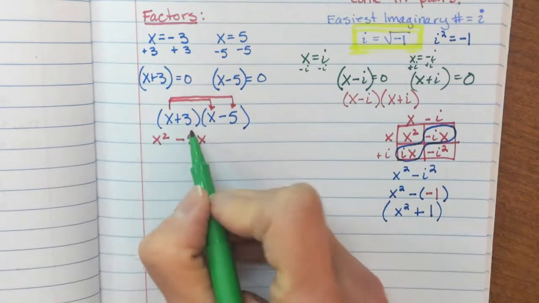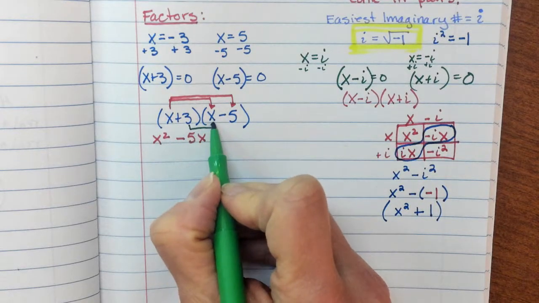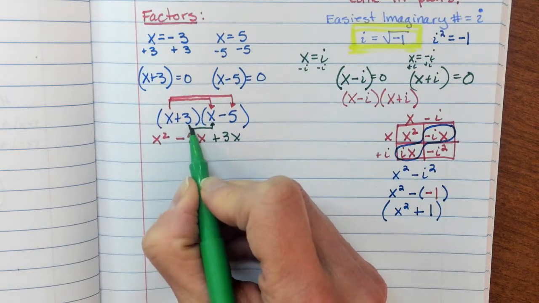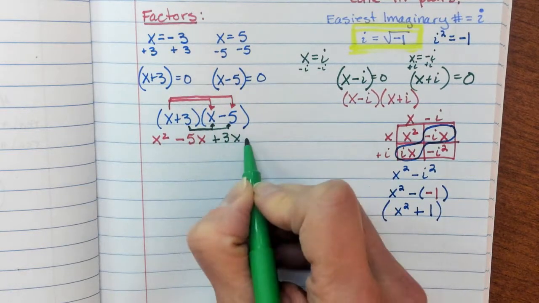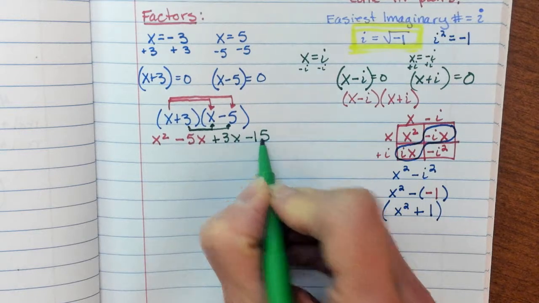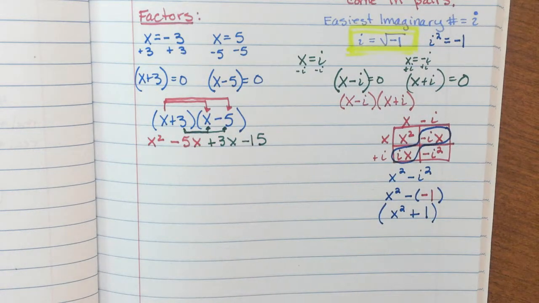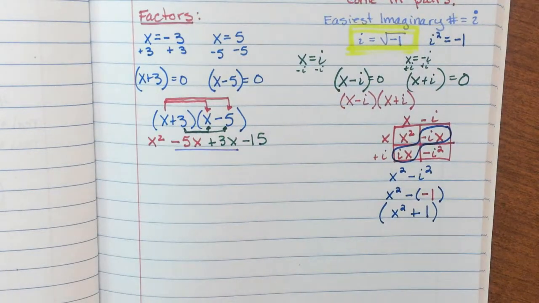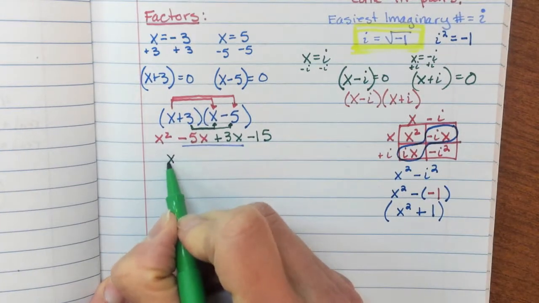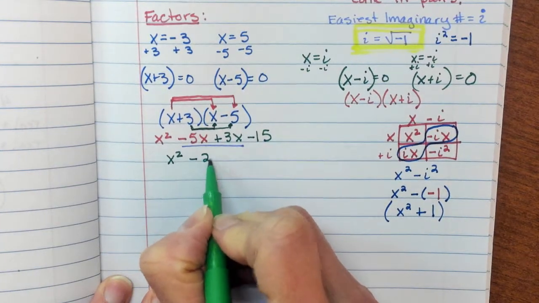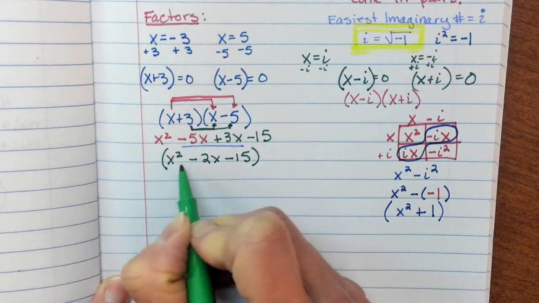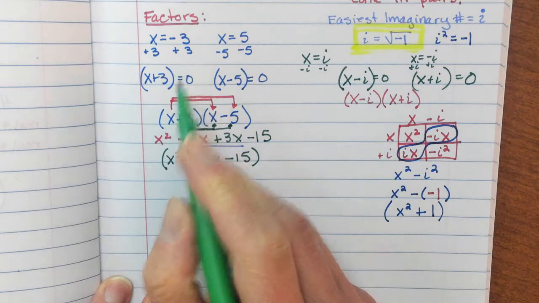Then I have to distribute the 3. 3 times x is positive 3x. 3 times negative 5 is negative 15. I can see I have like terms here, so I combine those. I end up with x squared minus 2x minus 15. That's the product of my two real factors together.